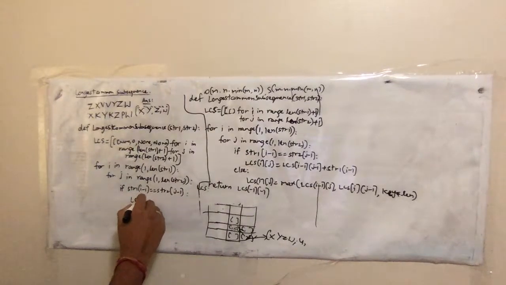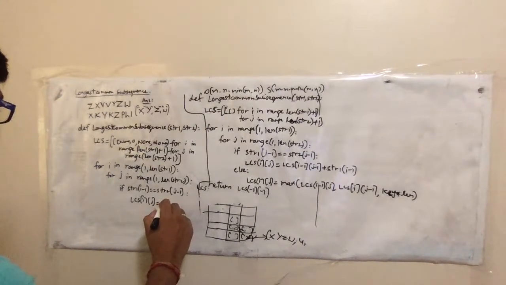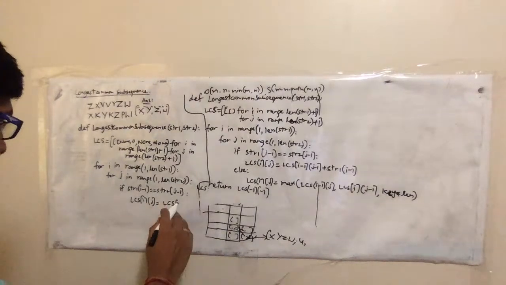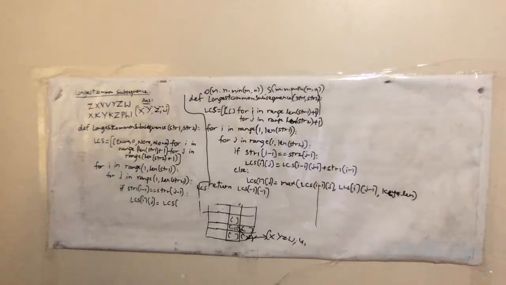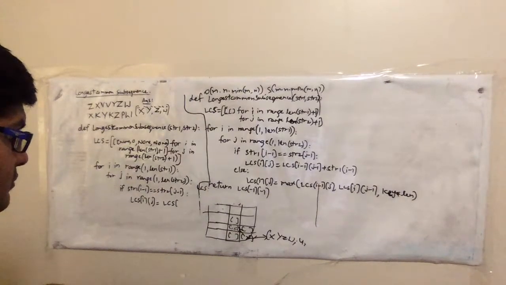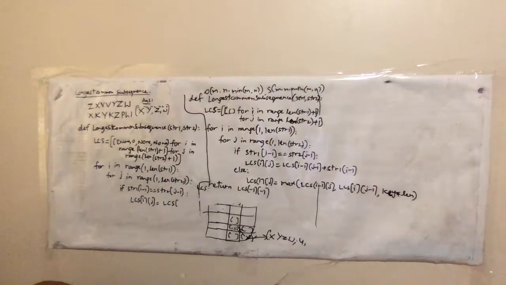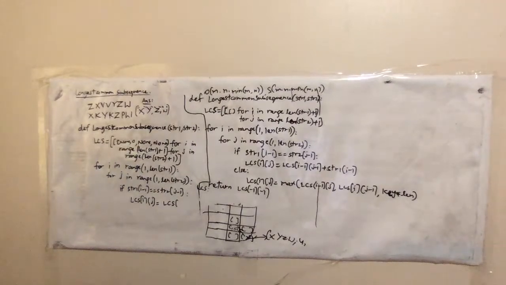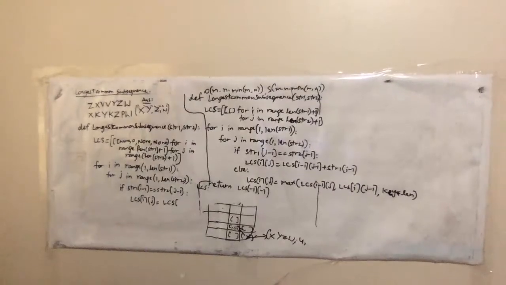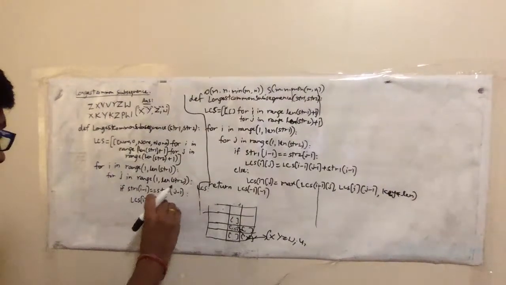So LCS of I j will become, if it is equal, LCS of, excuse me, okay.